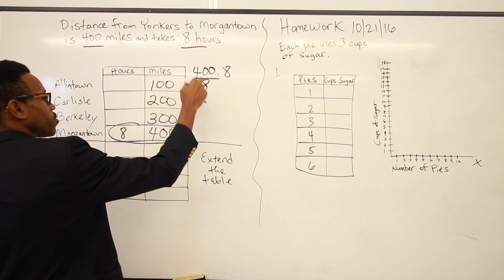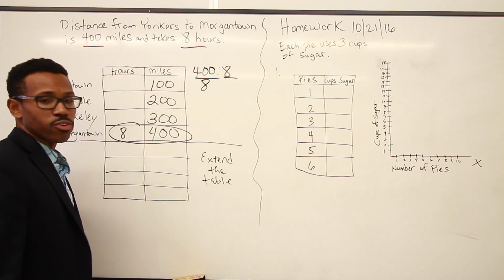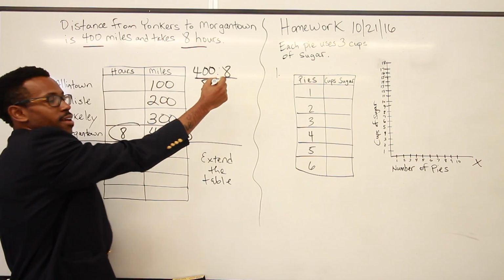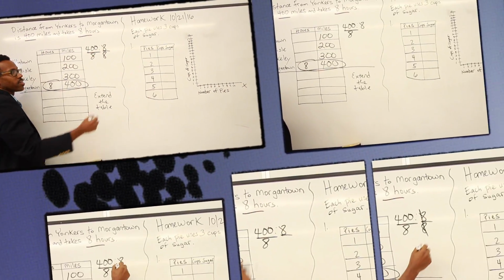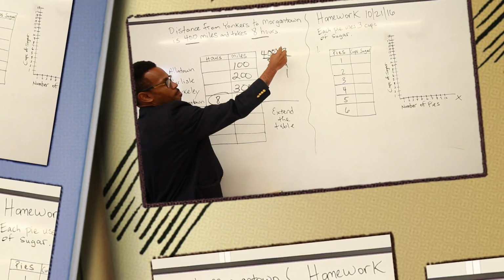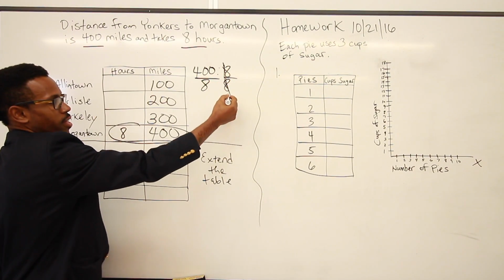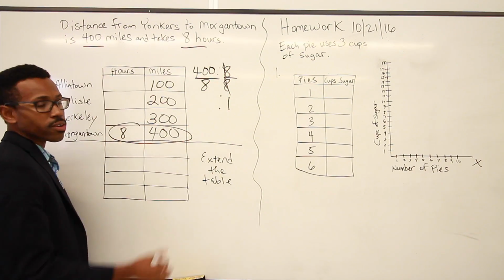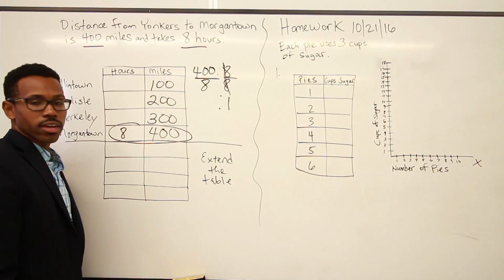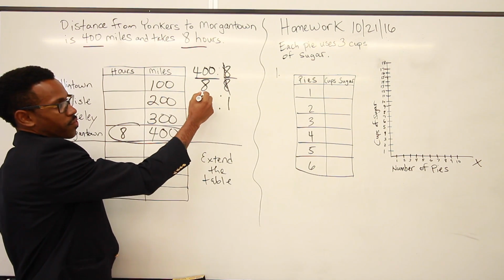We also had to do that to both sides of the ratio, so we divide both sides by 8. Those canceled out, which gave us a 1 on that side of the ratio. 400 divided by 8, we figured out, was 50.